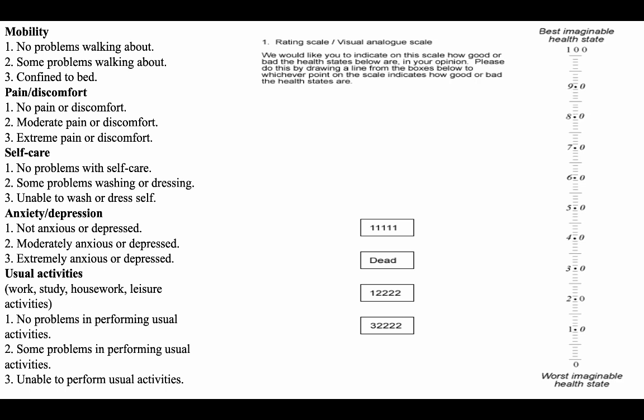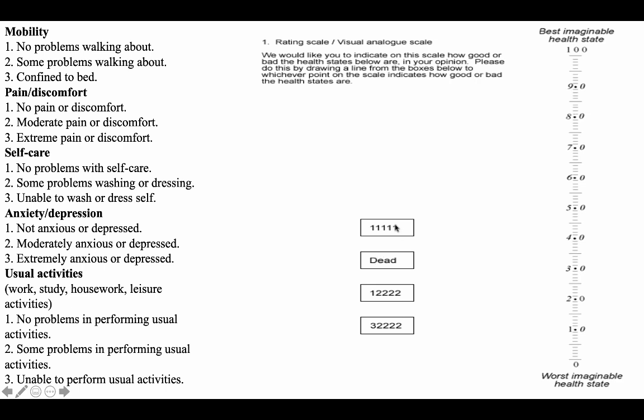We've given them a few possibilities. This one is all ones, so one, one, one, one, and one. These are all just perfect health states. So where would you put this on the scale? The directions say to draw a line to where you would put this on the scale from 0 to 100.